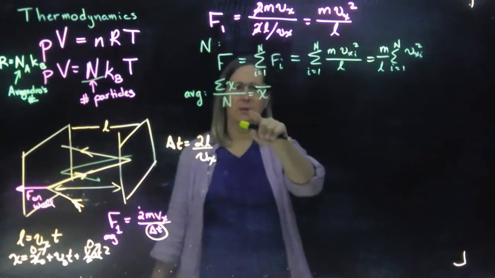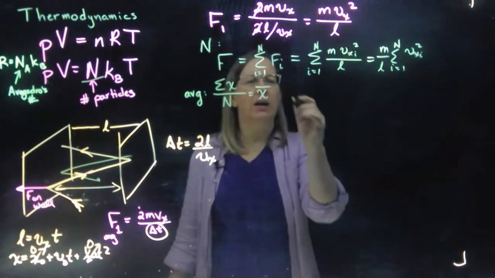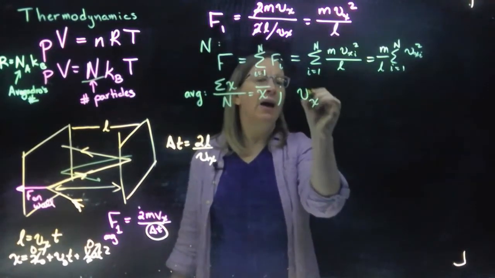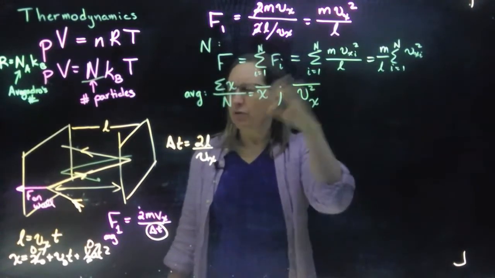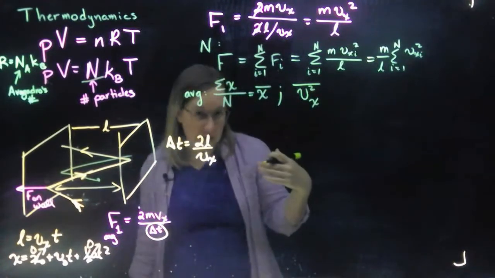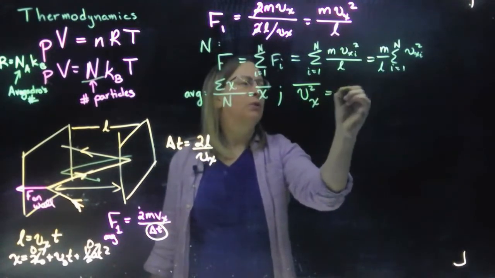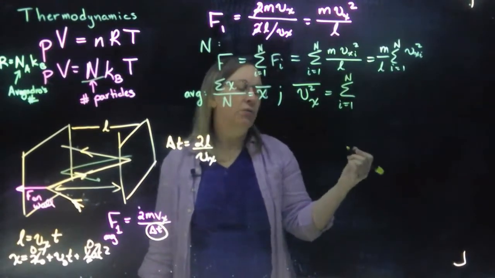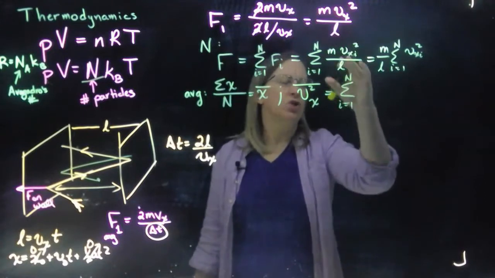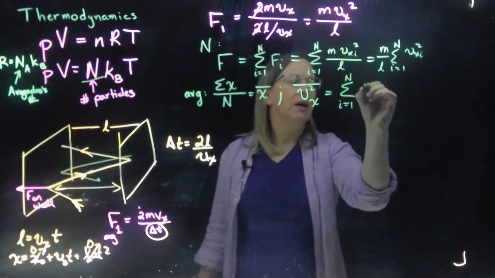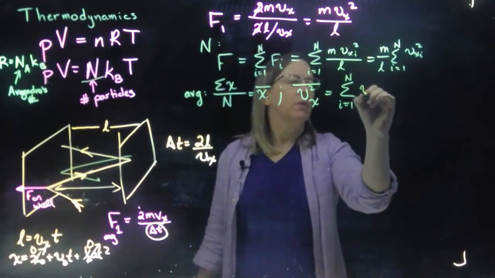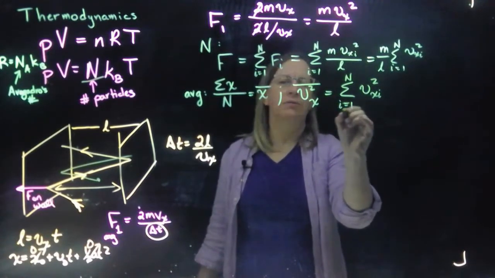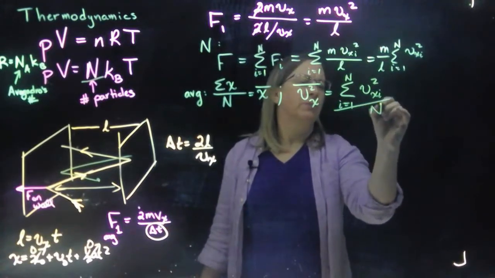So I can do the same thing. I can look at the average value of Vx squared. That would be the average speed associated with the x motion, which is equal to the sum from i equals 1 to n of Vxi squared, all divided by n, right?